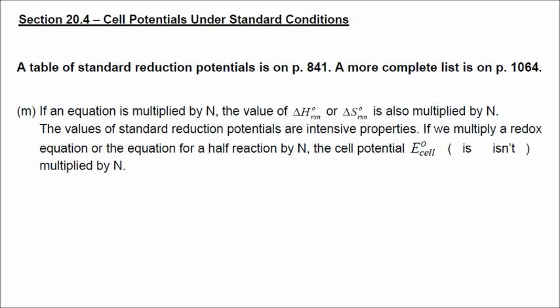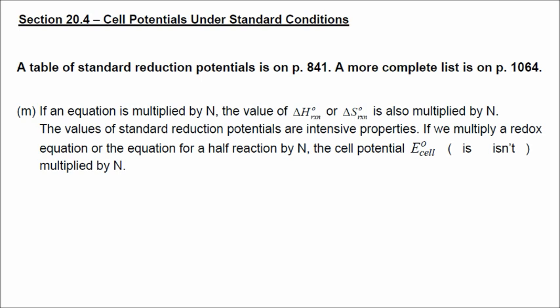All right, we learned way back in chapter 5 with thermochemistry, and then more recently in chapter 19 with thermodynamics, that when you take a reaction and multiply each and every coefficient by n, you would multiply the value of delta H or delta S by that same number. However, the standard reduction potentials are not going to be multiplied by that value. They are intensive properties.